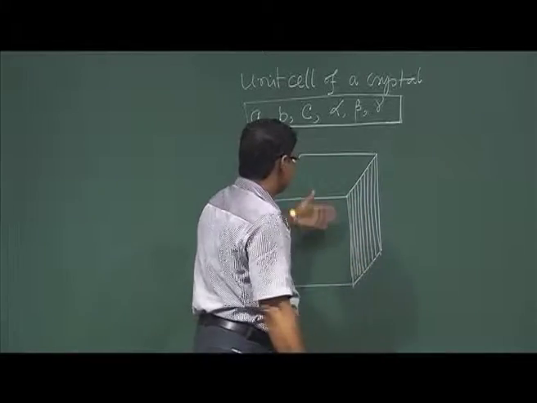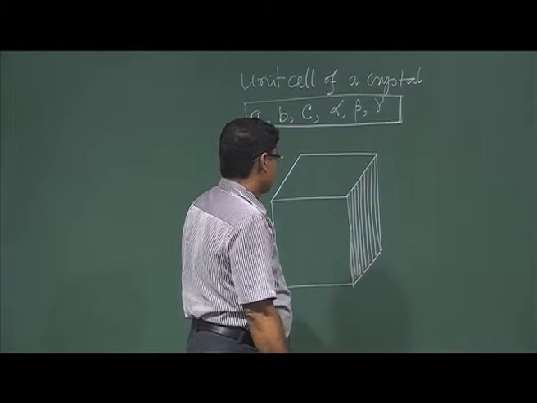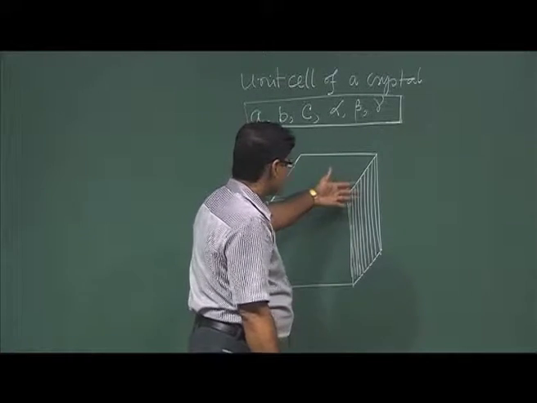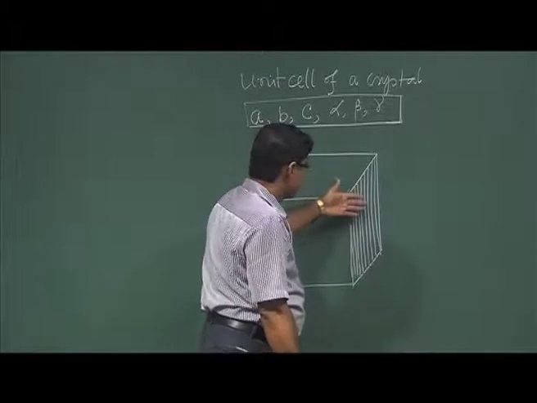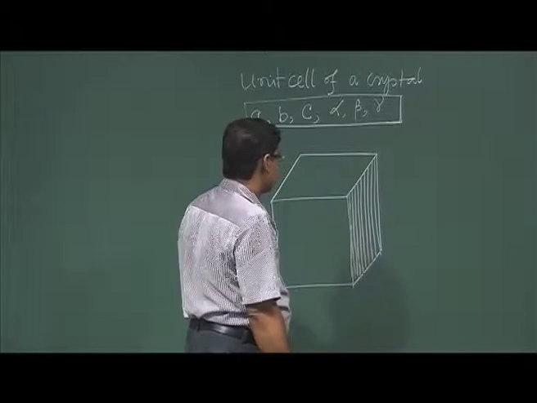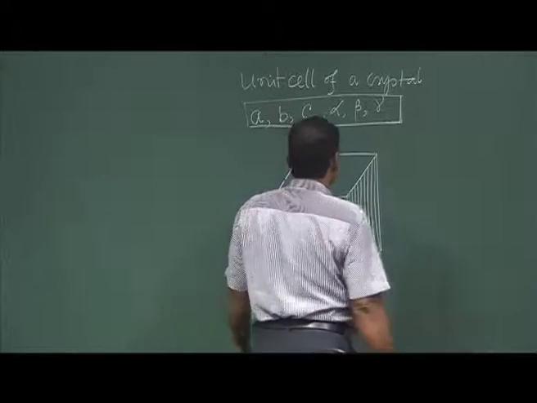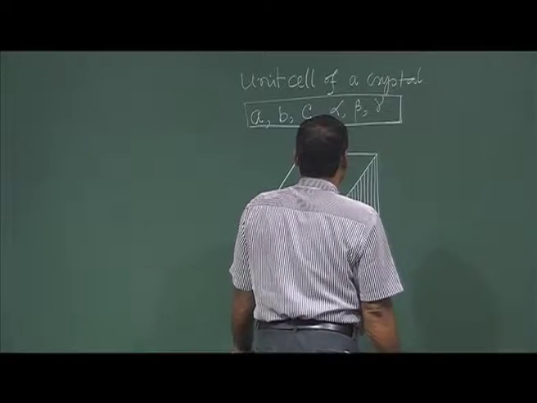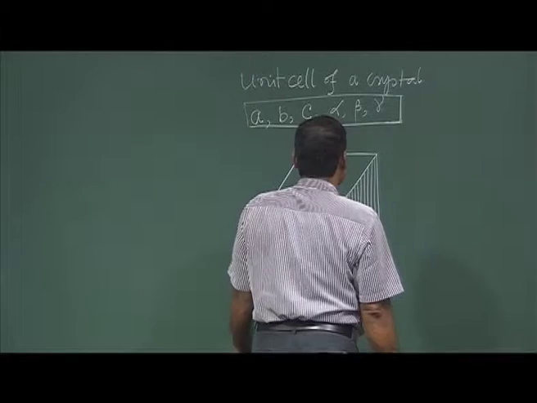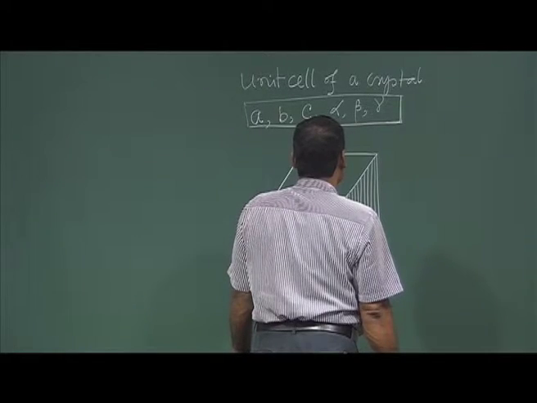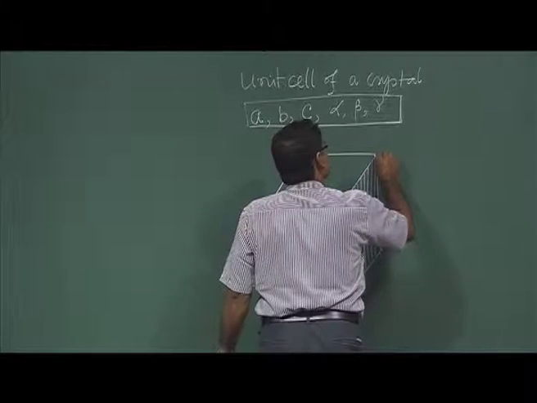So, this one is one face. This is the face of the unit cell. We tell this is a plane of the crystal when you consider that this unit cell is in a crystal structure where many unit cells are placed together.